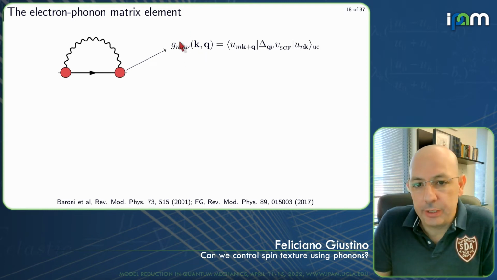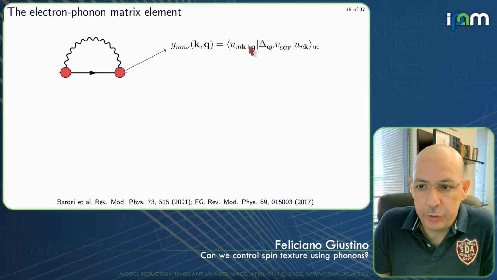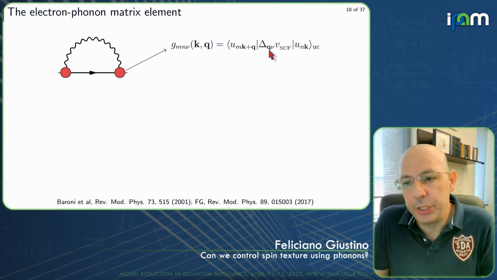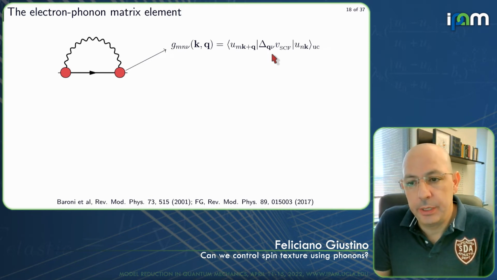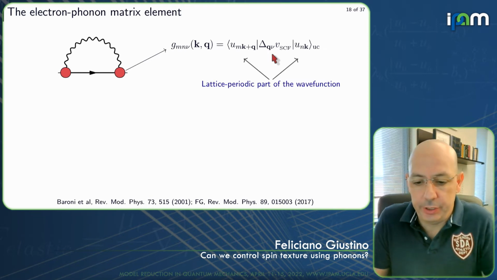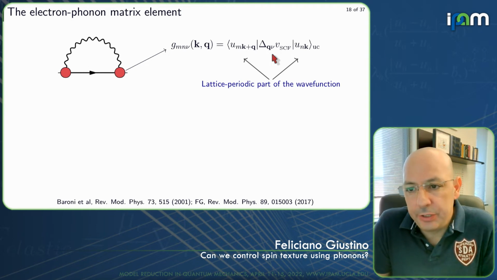And it looks as follows. It's essentially a complex number, obtained as a sandwich between the initial electronic state here, the final electronic state here, and the change of the potential in the system resulting from a phonon that has been displaced. All of these things are usually evaluated using density functional theory.